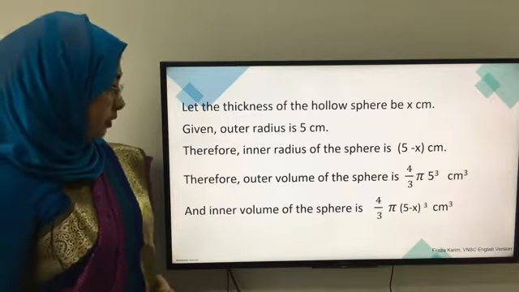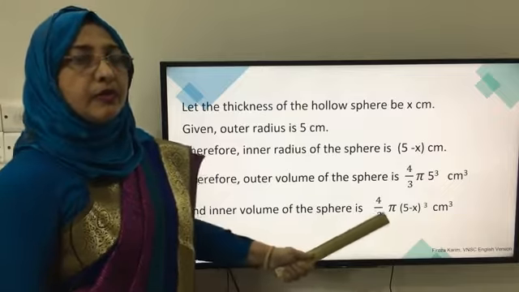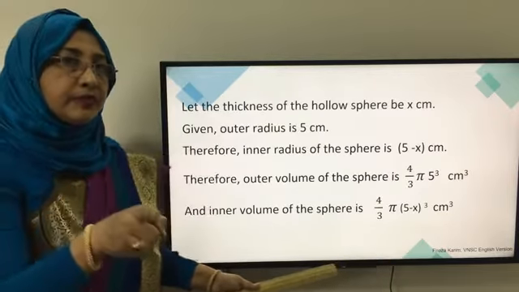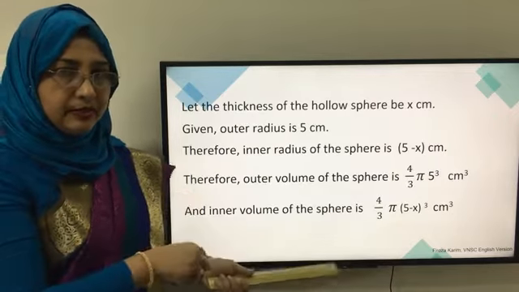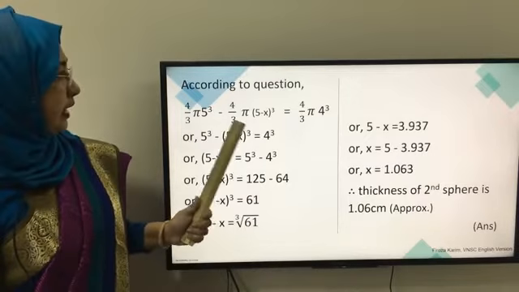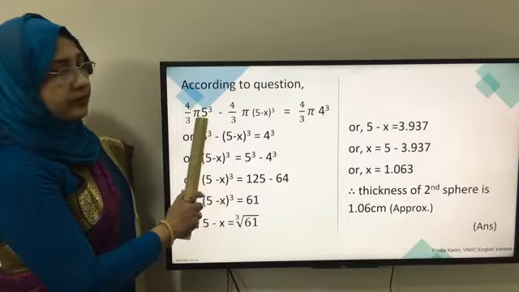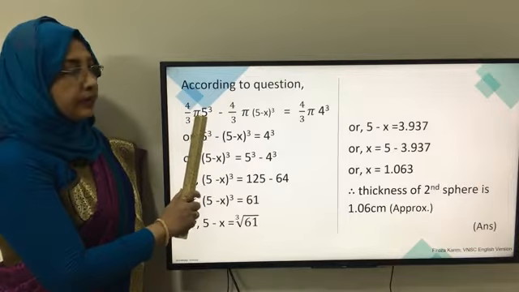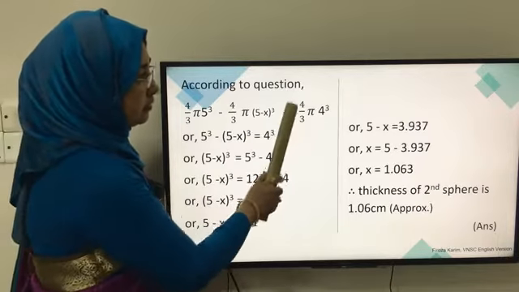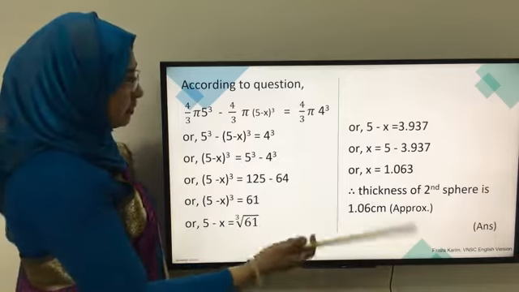So now we have got the outer volume of the hollow sphere and the inner volume of the hollow sphere, and the difference of these two volumes is the volume of the material, isn't it? So according to the question, the difference of these two volumes, that is the volume of the outer sphere and the volume of the inner sphere, is the volume of the iron, or what was the material, I have forgotten already.